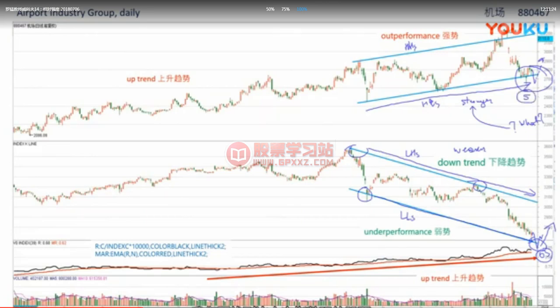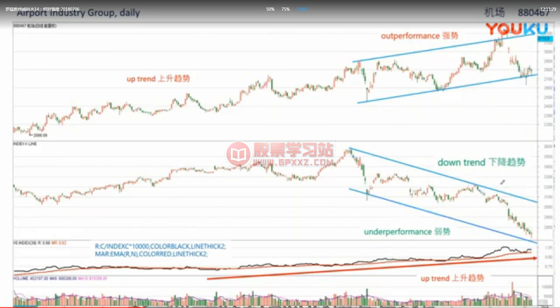That's the main idea. Now we could look at the comparative analysis and relative analysis from different perspectives. The comparative analysis would be using the significant highs, synchronized significant highs to significant highs.